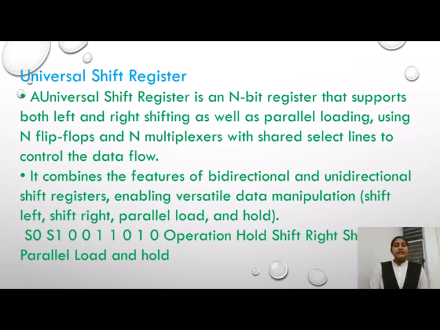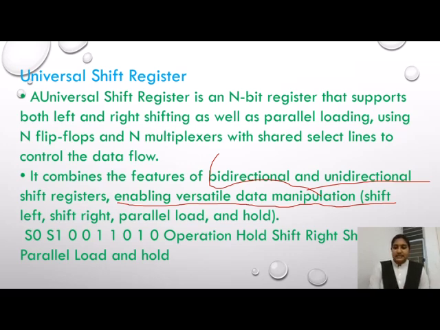It combines the features of bidirectional and unidirectional shift registers, enabling versatile data manipulation. We should remember this. It is also important: it enables shift left, shift right, parallel load and hold.